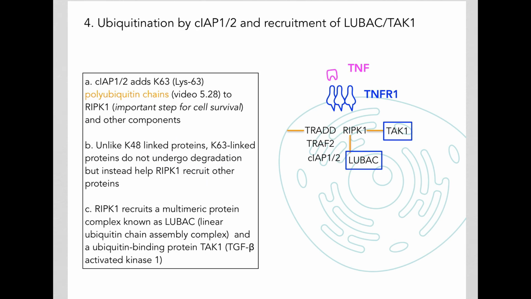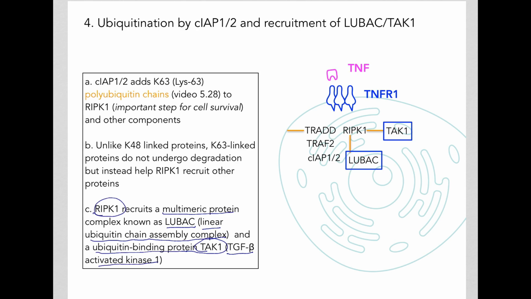So now RIPK1, that is ubiquitinated, will recruit a multimeric protein complex known as LUBAC, linear ubiquitin chain assembly complex, and it will also help recruit a ubiquitin binding protein called TAK1, which stands for TGF-beta activated kinase 1.